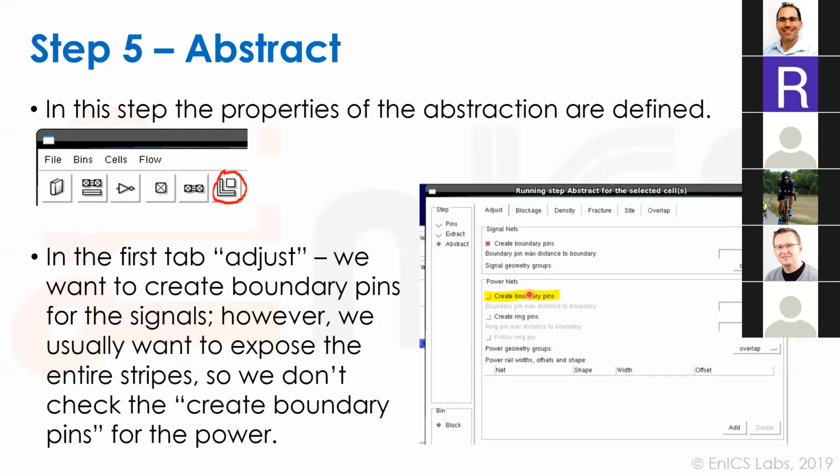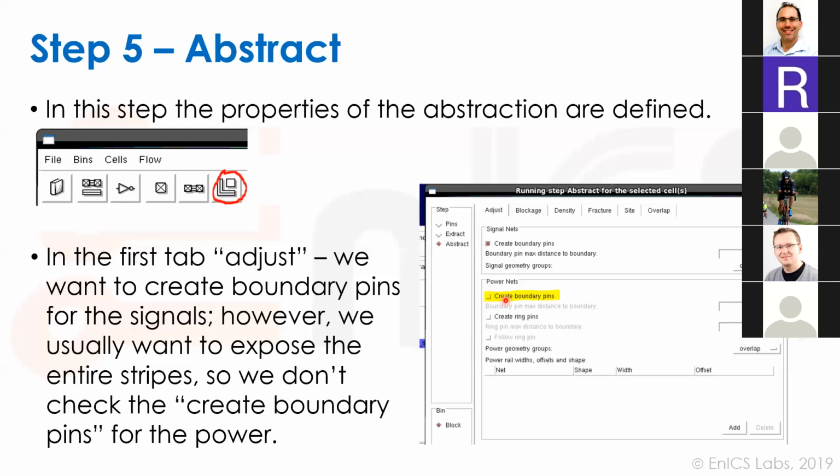So I'm not sure how this works. I haven't encountered it too many times. I'm not sure exactly what this does. I will look into it a bit further. But I guess we want to create the boundary pins for the signals and not to the powers. This is how it works for our last LEF files that we created.